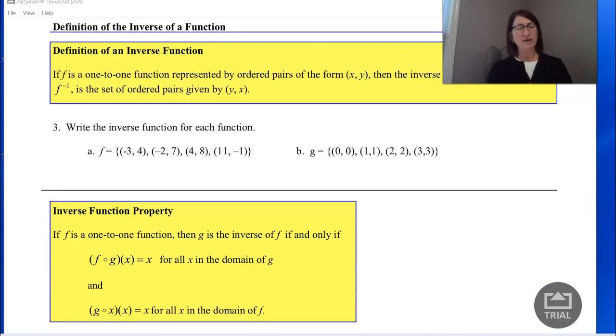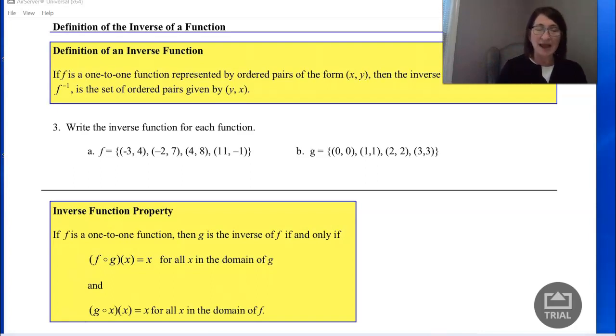Well, let's look at the definition of an inverse function. Your function is considered one-to-one if the ordered pairs can be written in opposite order. That's an inverse function.